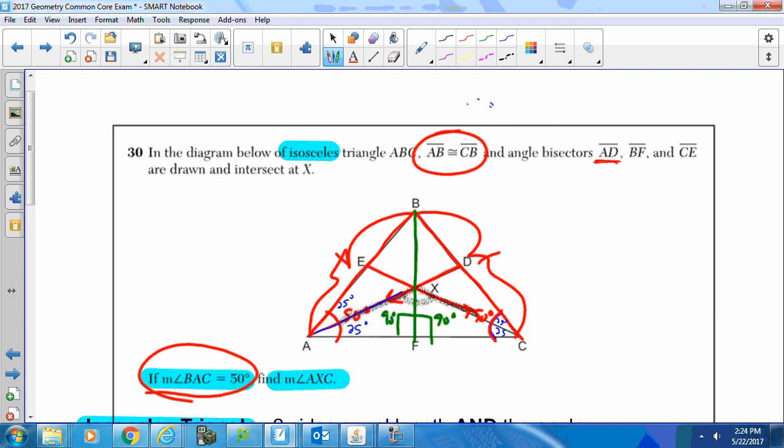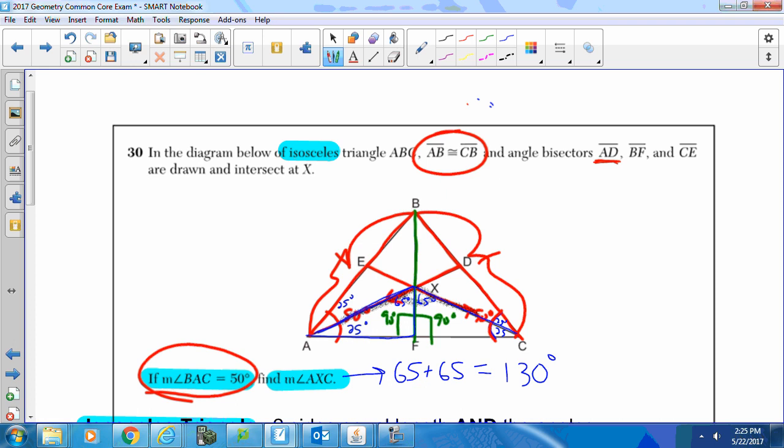We have this triangle here that I'm outlining in blue. Well, if we have two of the angles being 25 and 90, that means this one up here is 65. That means this one over here is 65. And, well, actually, if you just take that angle, those two angles comprise AXC. So if you add them together, 65 plus 65 is equal to 130 degrees.